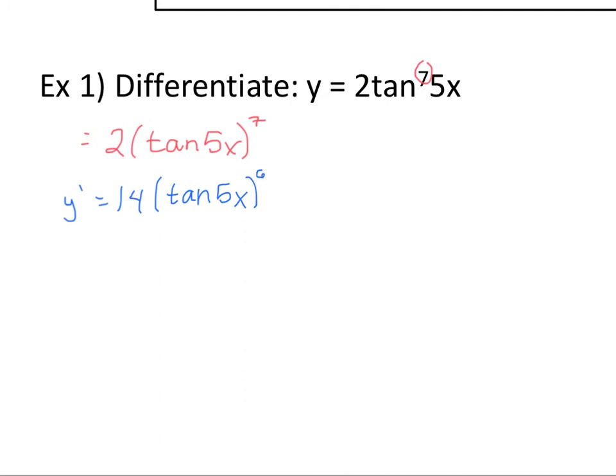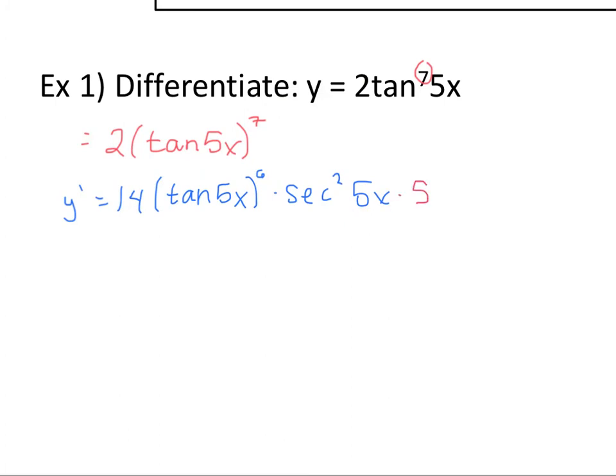Now I need to look at the derivative of my inside function. So the derivative of tan of 5x would just be secant squared of 5x. So I'm going to multiply it by secant squared of 5x. Again, just by the chain rule, right? I'm doing the derivative of my inside function. And then hopefully you guys notice that we have another inside function here. So we also need to multiply by 5.